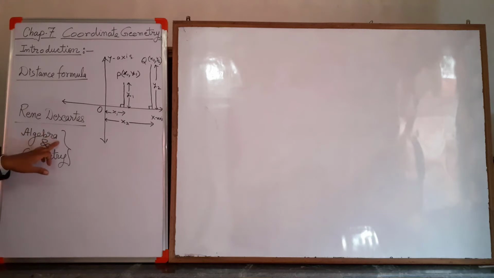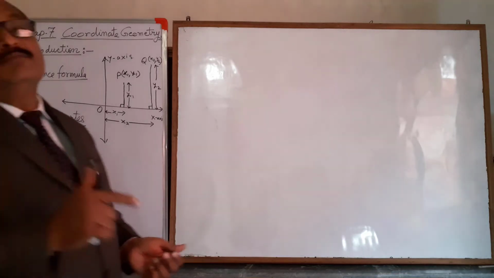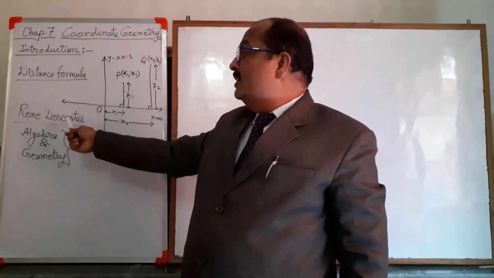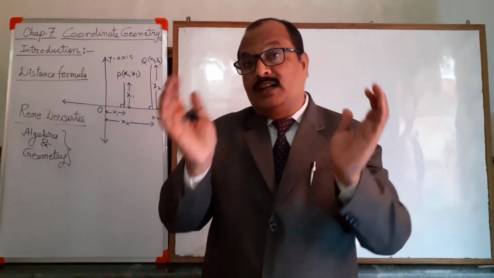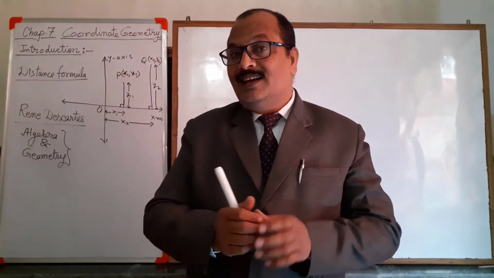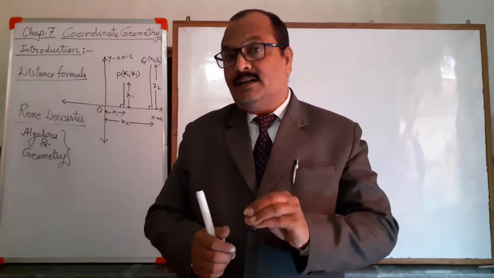Actually, there were some problems of algebra which were unsolved, as well as there were also some problems of geometry which were not solved by the mathematicians of that time. So, very first time René Descartes studied total algebra as well as total geometry and gave another idea.